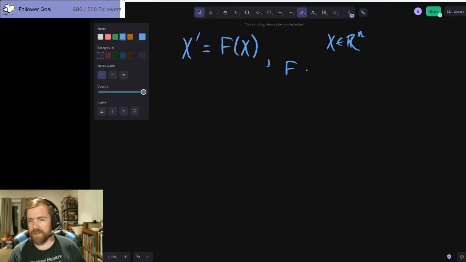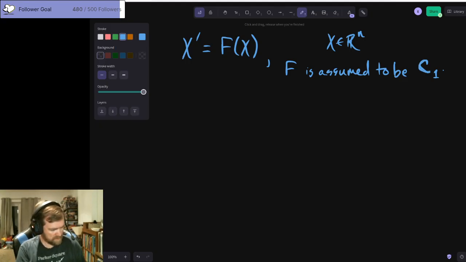So the function f is assumed to be C1, which I have explained on a slightly previous page here. Anytime if you know what it is, Stucky, feel free to jump in. But all right, see what we can do.